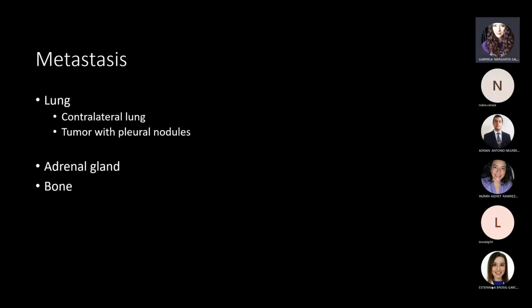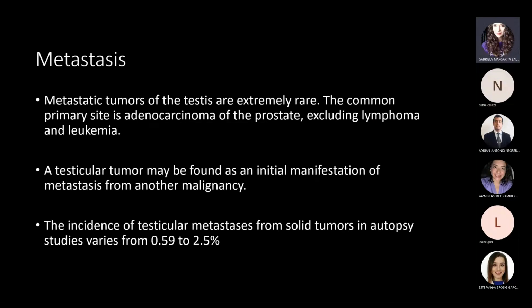Metastatic tumors in the testes are extremely rare. The common primary site is carcinoma of the prostate, and we can also see lymphoma and leukemia, and it may be found as the initial manifestation of metastasis from another malignancy, like in our patient. The incidence of testicular metastasis from solid tumors in autopsy studies varies from 0.5 to 2.5%.